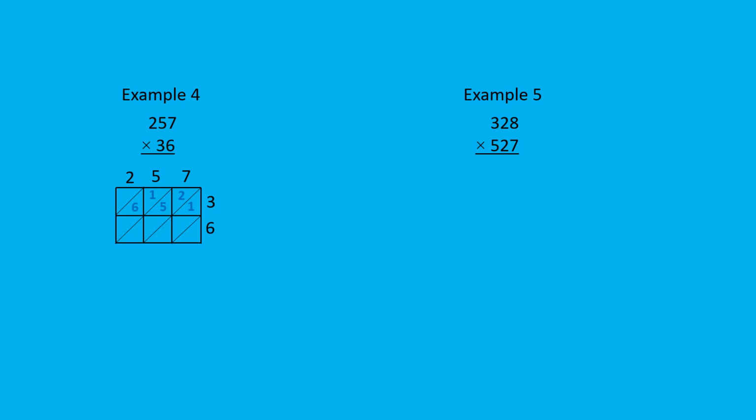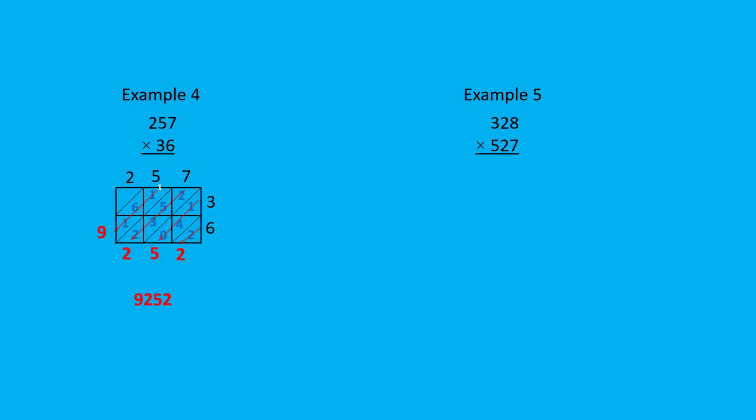Now multiply by the 6, 42, 30, 12. Add the diagonals, 2, 5, 12, regroup the 1, 9. So your answer is 9,252.